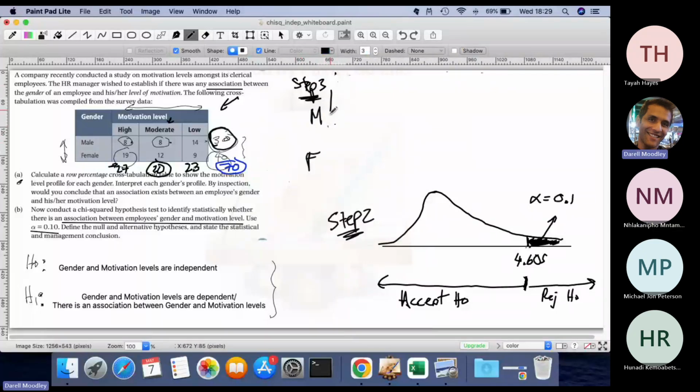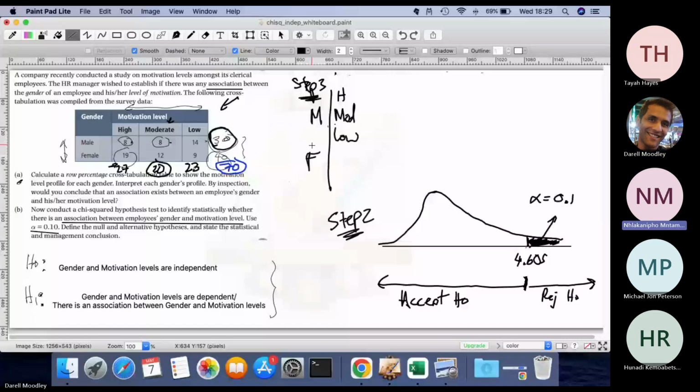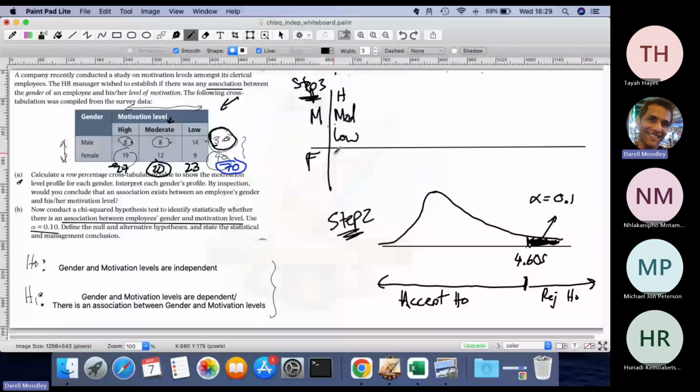And for each of them, there are 3 categories. They can have a high level of motivation, a moderate level, and a low level. So that's male. Let me just put a line to separate them. And it's the same thing for females. You have high, moderate, and low.